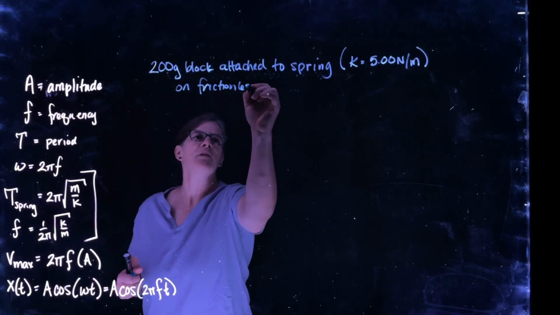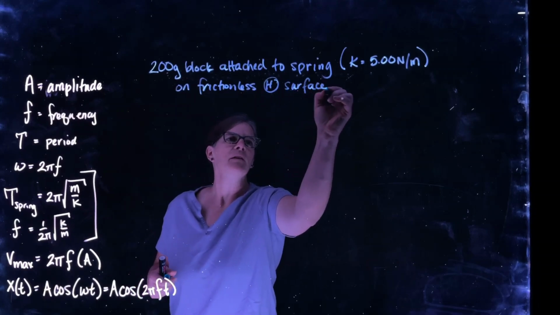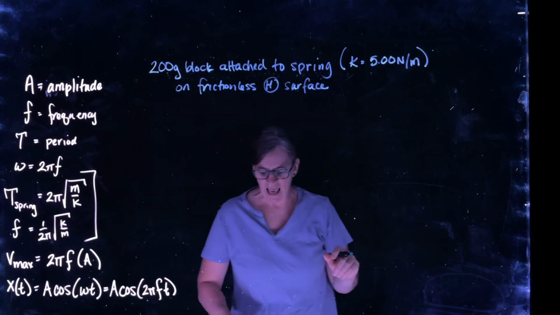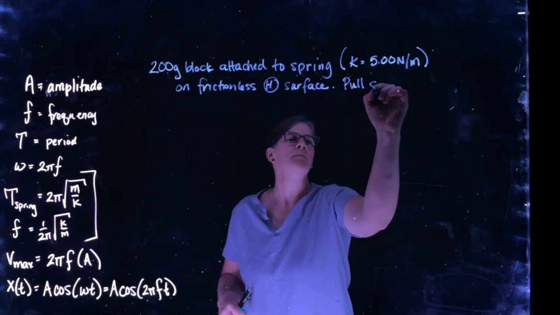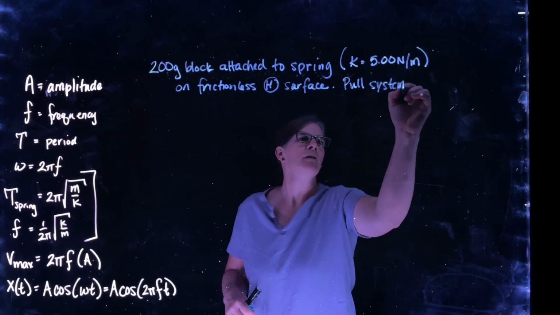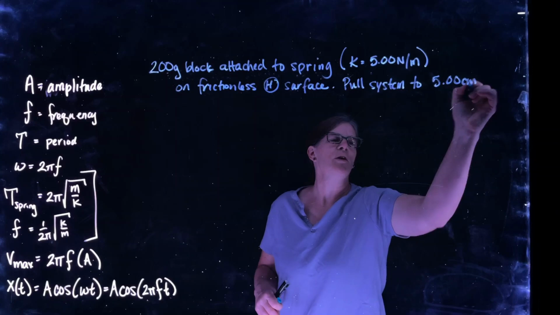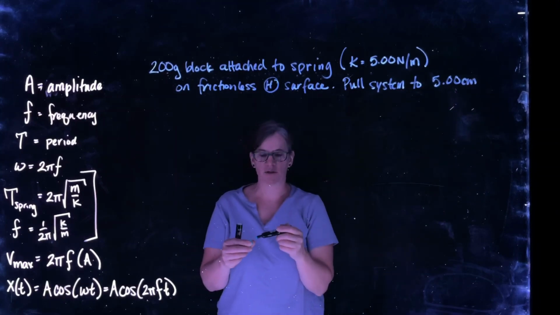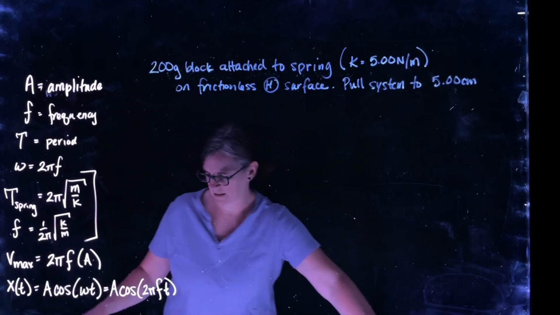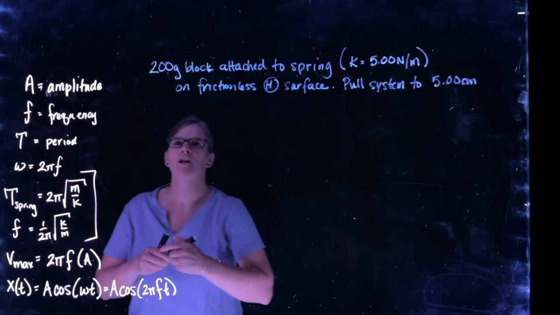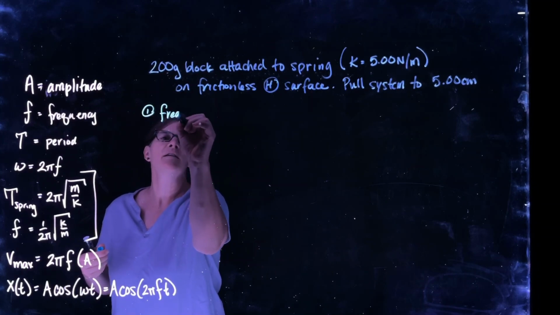All right, frictionless horizontal surface, and I pull that system to 5 centimeters. So I pull that mass 5 centimeters from its rest state. Here's what we want to determine. We want to determine first, what is the frequency?